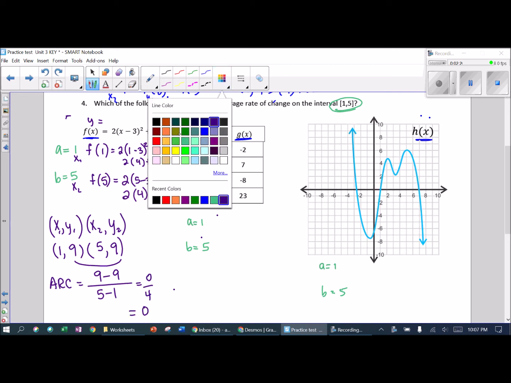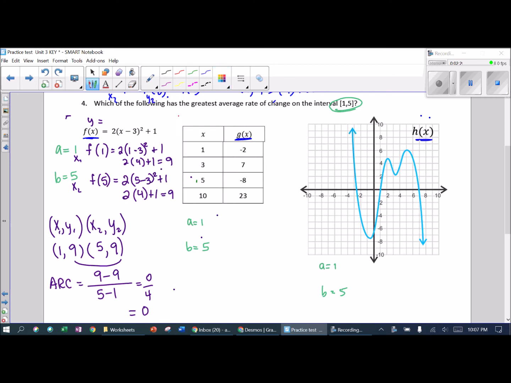Okay, moving on to g now. This time we're given a table, but we still need to fill out those points. When x is 1, what's y? When x is 5, what's y? So a equals 1 means we're finding g of 1. But in the table, it says when x is 1, g is negative 2. So that's the number here. All right, next we want to find g of 5.